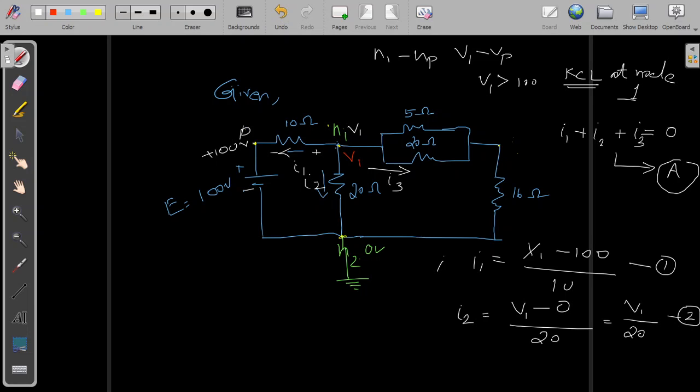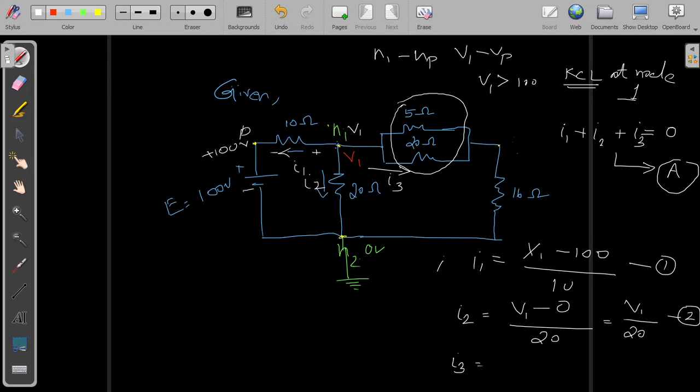Now I3 is the current flowing through the effective parallel combination of 5 ohm and 20 ohm, as well as 60 ohm. First of all, you have to reduce the 5 ohm and 20 ohm parallel combination into a single resistance.